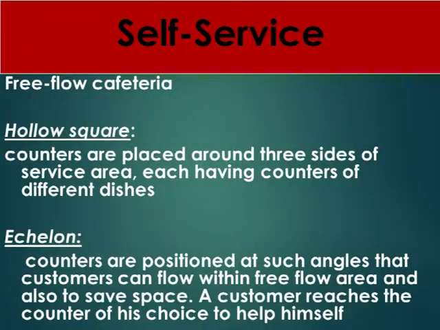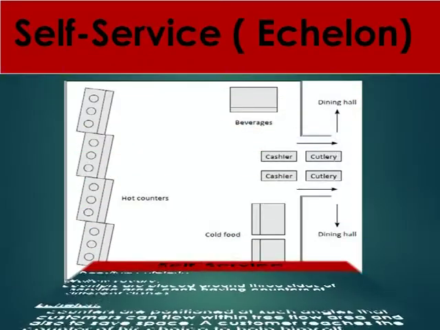Hollow square: counters are placed around three sides of service area, each having counters of different dishes. Echelon: counters are positioned at such angles that customers can flow within free-flow area and also to save space. A customer reaches the counter of his choice to help himself.